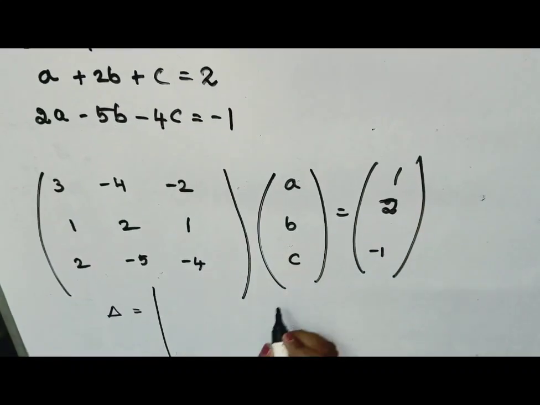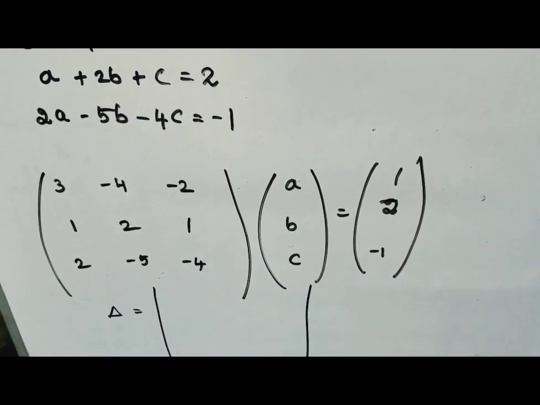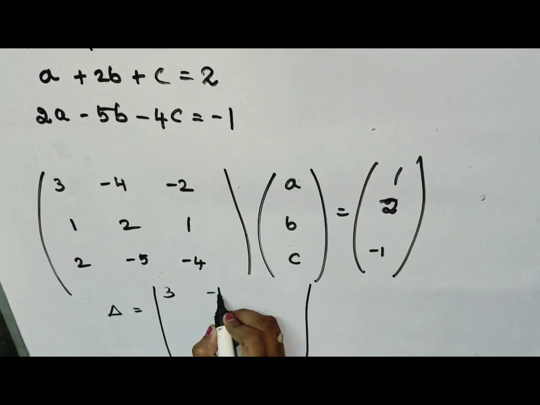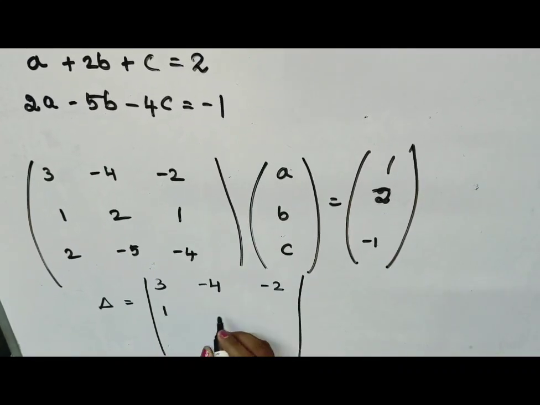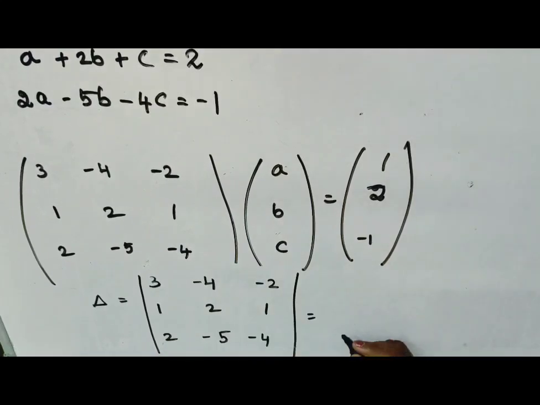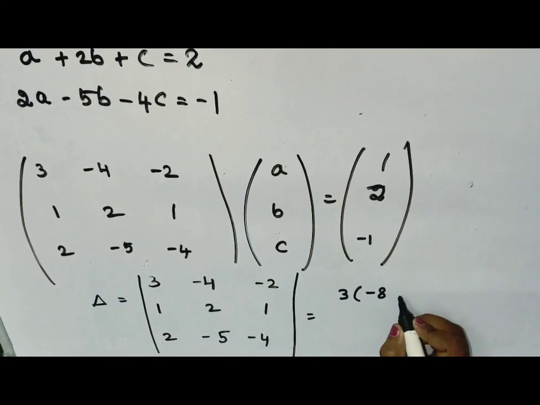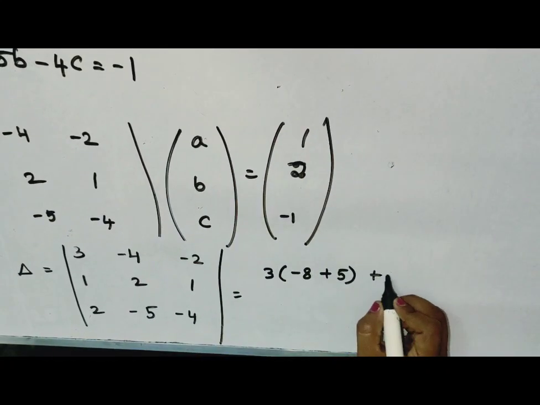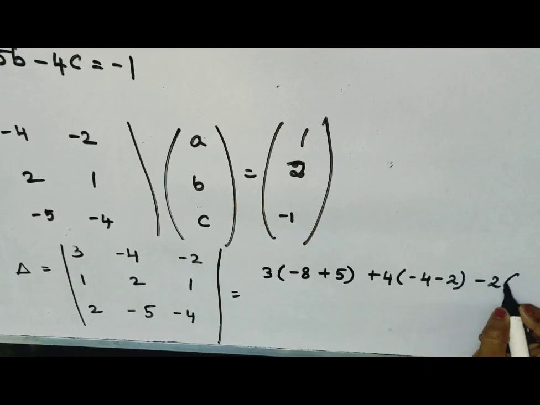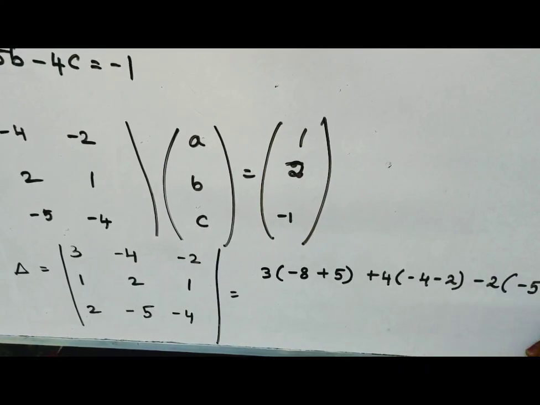Delta, there are no changes, we can directly write the values. So, 3 minus 4 minus 2, 1, 2, 1, 2 minus 5 minus 4. Now, I am going to find the determinant: 3 into minus 8 plus 5, plus 4 into minus 4 minus 2, minus 2 into minus 5 minus 4.